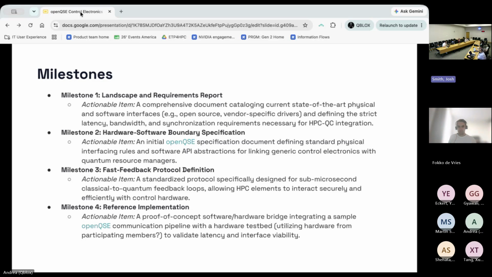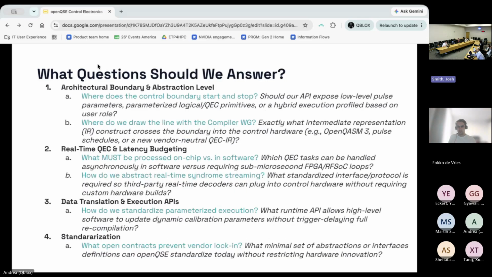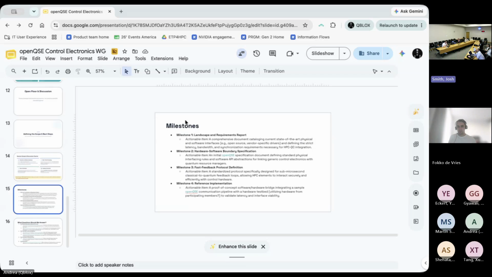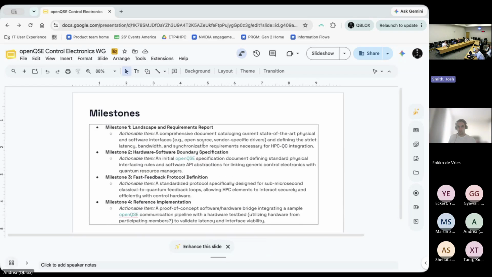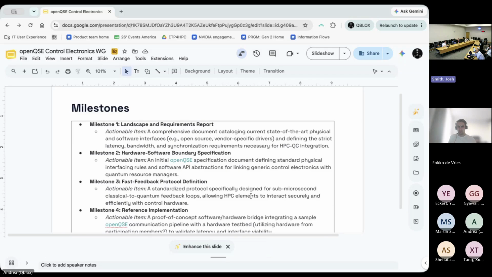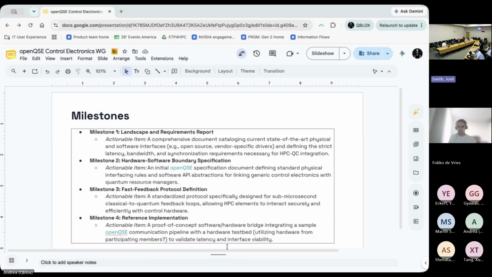So first, milestones: is this everything? Control electronics, everyone agrees that is something doable and reasonable within openQSE. So the fast feedback, sorry, can we go back? Make it editable. Okay. For the fast feedback protocol definition, is that something like QECI?